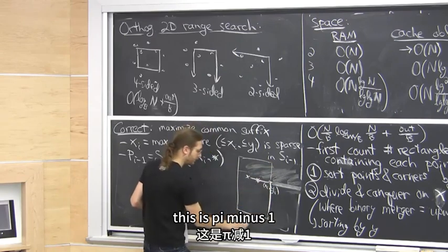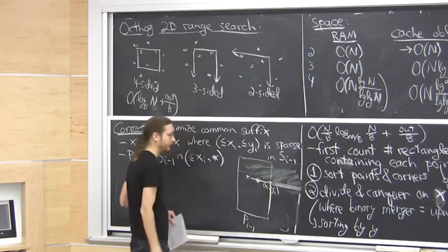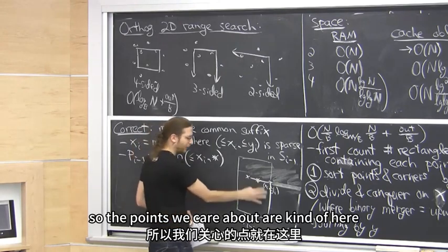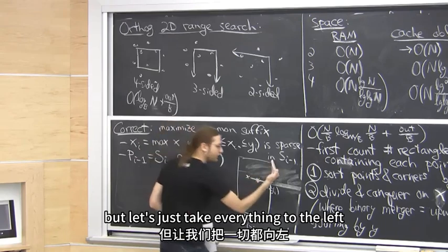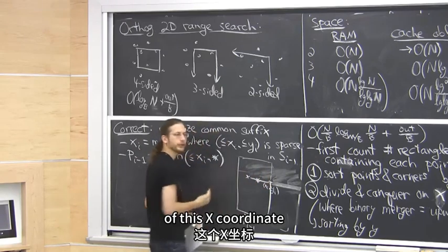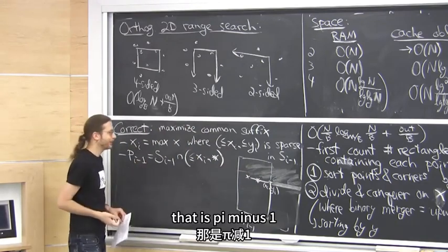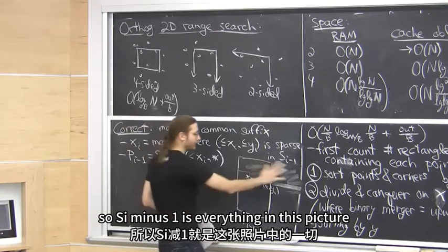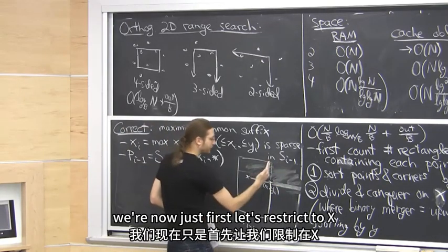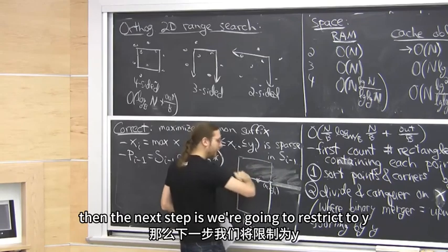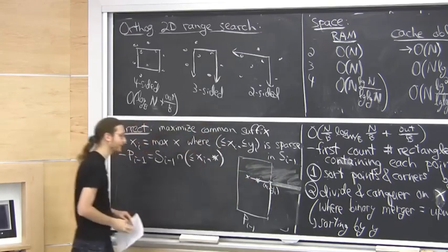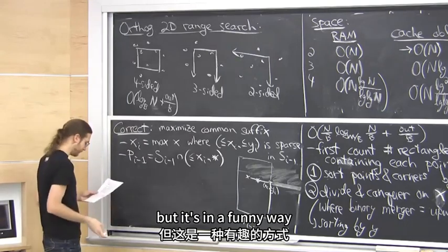This is pi minus 1. So the points we care about are kind of here, but let's just take everything to the left of this x coordinate. Why not? It's a thing. Okay, that is pi minus 1. So si minus 1 is everything in this picture. And we're now just, first let's restrict to x, then the next step is we're going to restrict to y. But it's in a funny way.